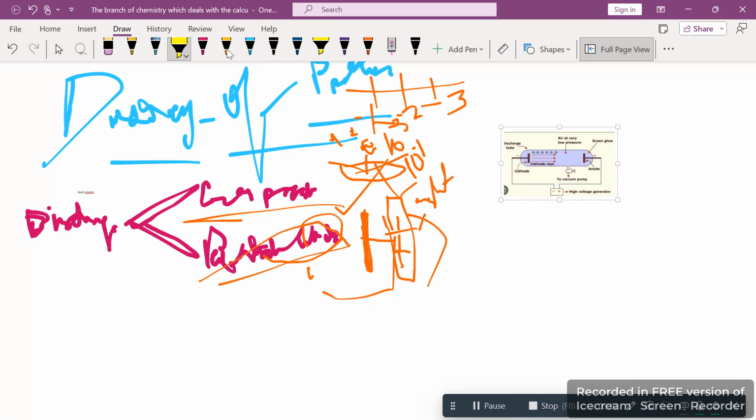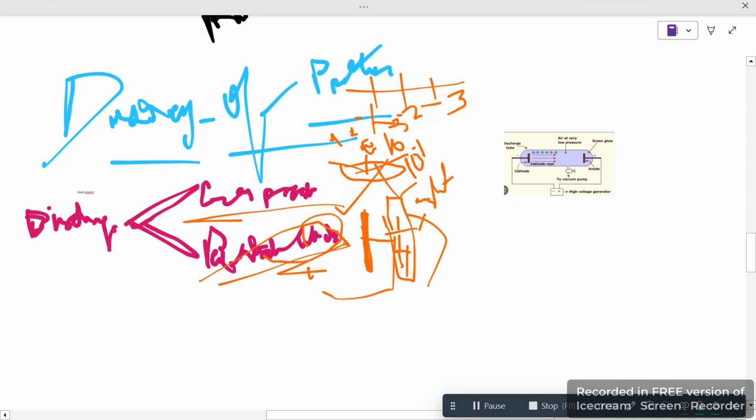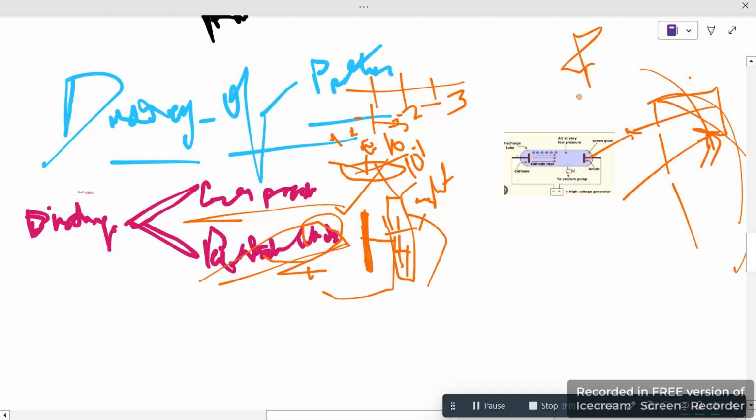So what we are discussing: perforated simply means holes. The anode was on this side. In the electron experiment, electrons went from the cathode towards the anode and crossed it, producing light. But here, this cathode will be perforated, which means it will have holes.